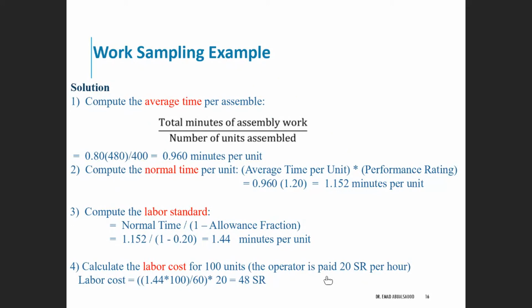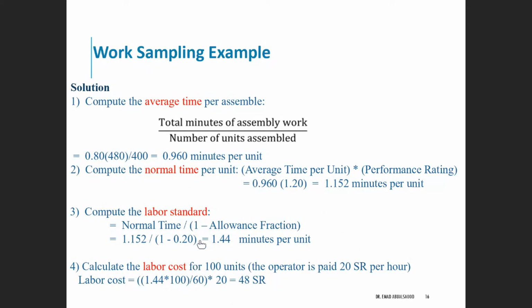So how much will be the cost for the labor if you have 100 units? Basically, you multiply the labor standard, the labor time, with the 100 units. So this is the time that the laborer is going to work, and the compensation will be calculated based on 20 per hour, and we are dealing with minutes.